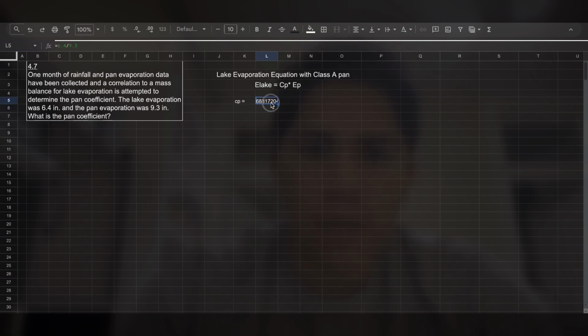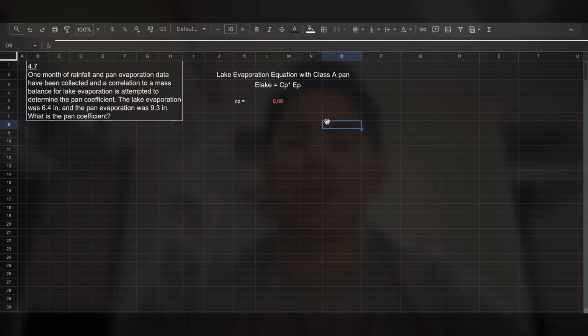Or maybe it does. Let me see. Okay, yes, it is correct. So the pen coefficient is 0.69. And since it is a coefficient, inches over inches, this is unitless. And this is the answer for the second problem.